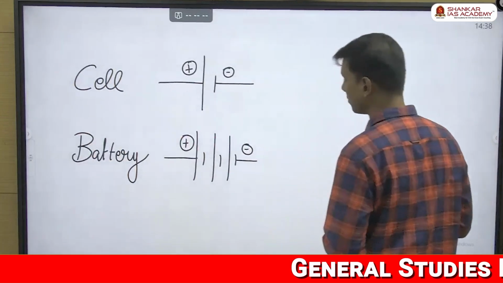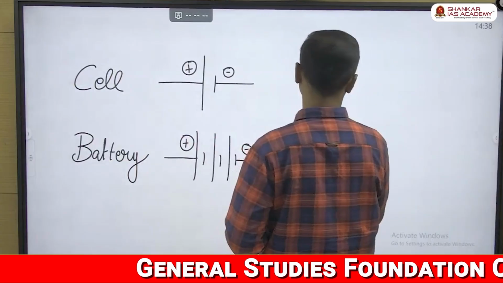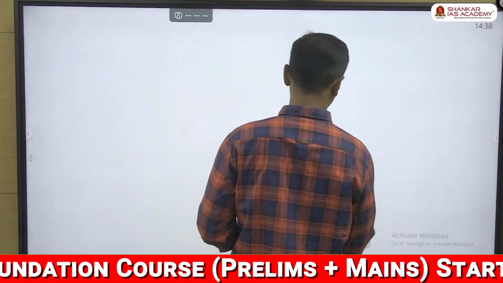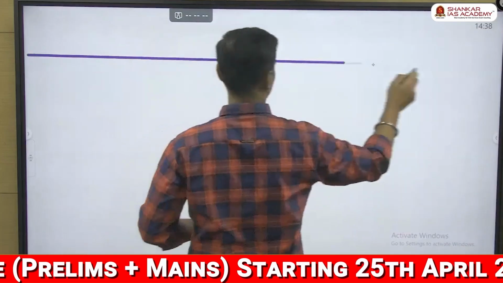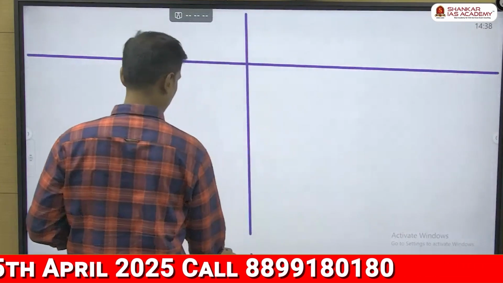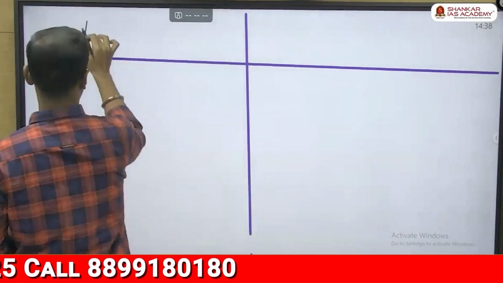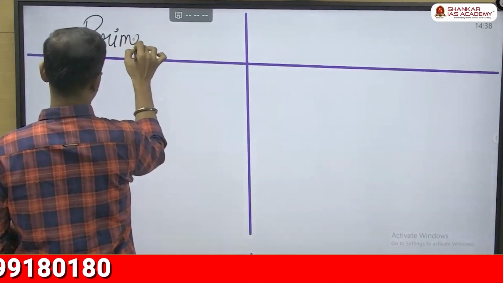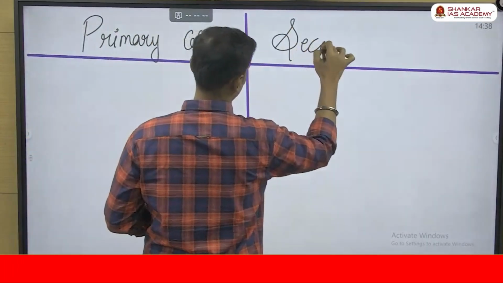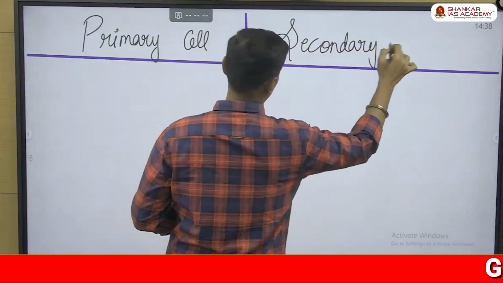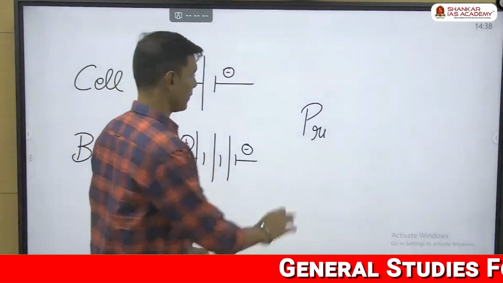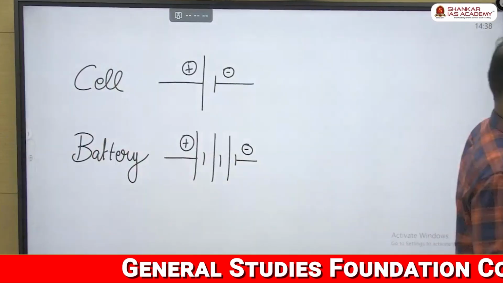Similar to that, there is something called primary cell and secondary cell. Just a quick, small tabular column: difference between primary and secondary cell. Okay, first, a cell is single and batteries are multiple. Then we are going to talk about primary cell and secondary cell.